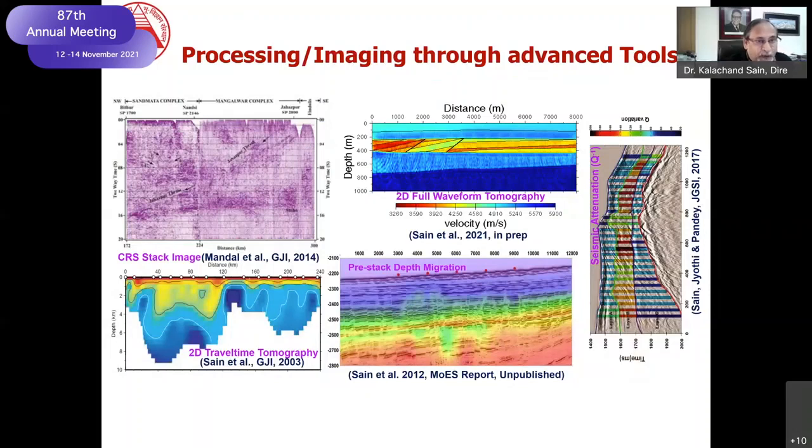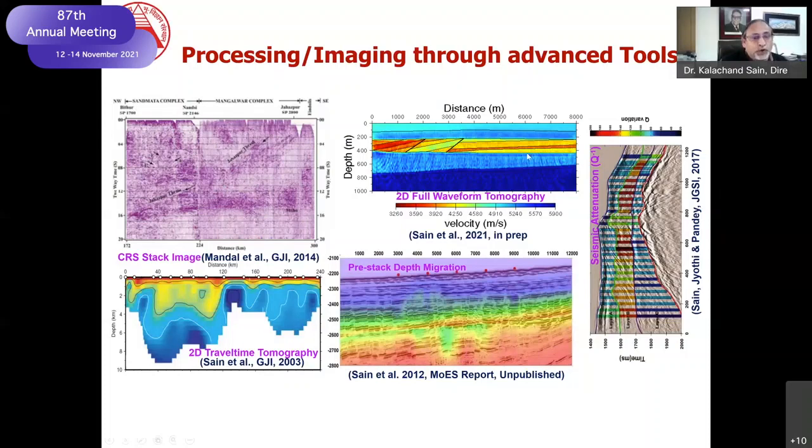Next step: whenever we acquire data, we need to get the subsurface image. There are several advanced tools available, and these tools can be employed on suitable data to derive subsurface information. I am showing an example of a common reflection surface stack image that shows what the subsurface image looks like.